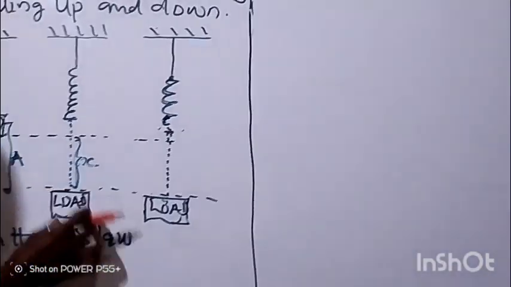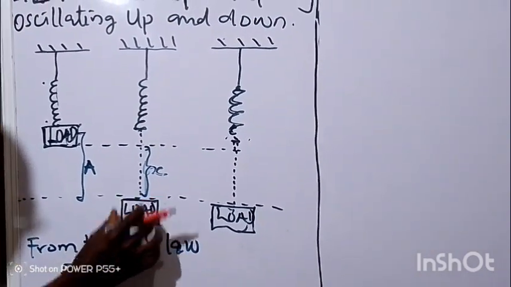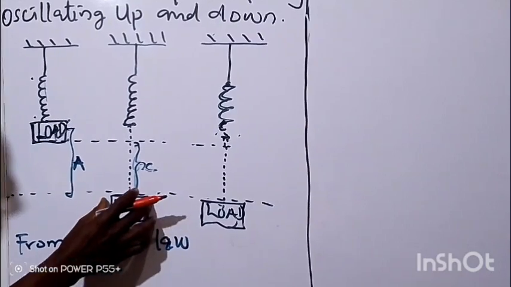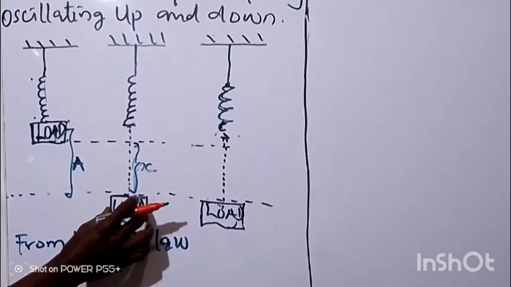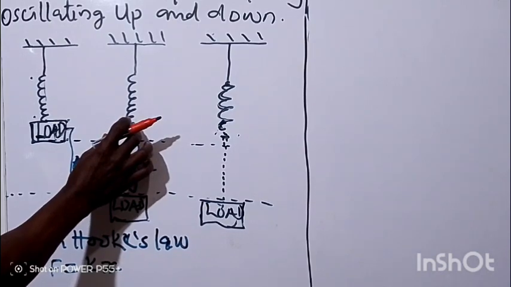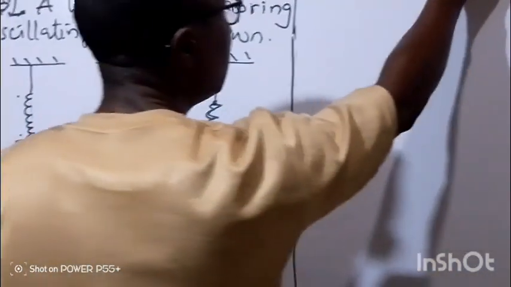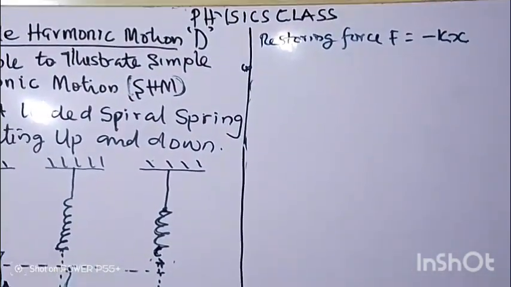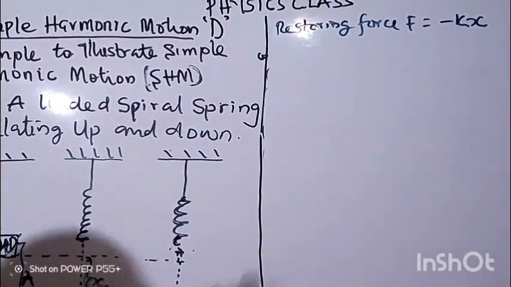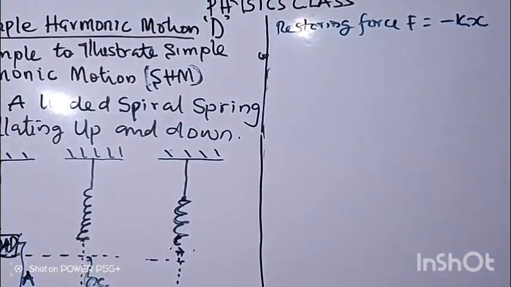Because by the time you displace this thing and allow it to move up and down, don't forget we said in the last lesson that restoring force is the force that will restore this spiral spring to its original position or equilibrium position. So that is why the restoring force usually takes a negative sign. It restores the system to its original position. So that is why F is equal to minus Ks.